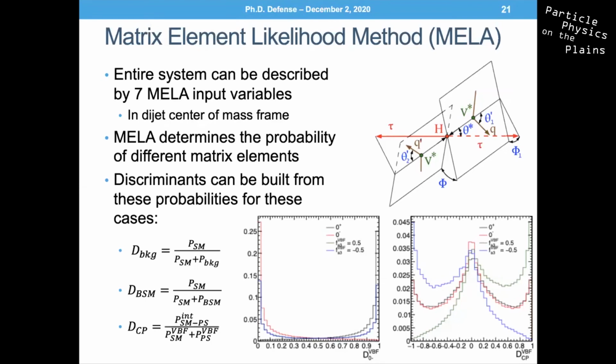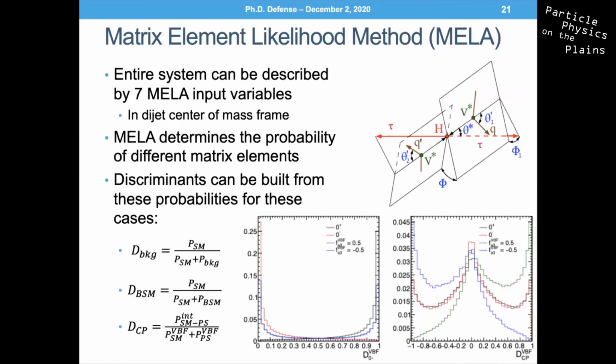Using these 7 input variables, MELA determines the probability that an event came from a process with a certain matrix element. For instance, gluon-gluon fusion: you can feed in events and get the probability that these events were produced from a gluon-gluon fusion process. Using these probabilities of events coming from different processes, you can build dedicated discriminants.